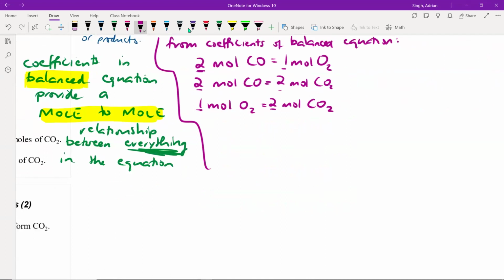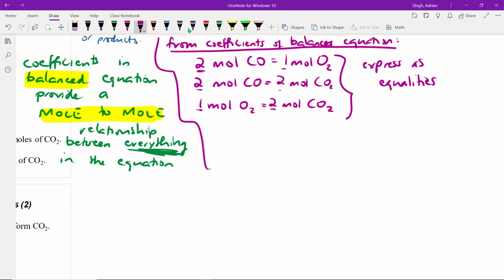I can come up with these mole to mole ratios, which you see here I express as equalities. Guess what I can do with an equality? Just like with any other equality that we've used starting in week 1 of our course, I can take that equality and make it into a conversion factor.